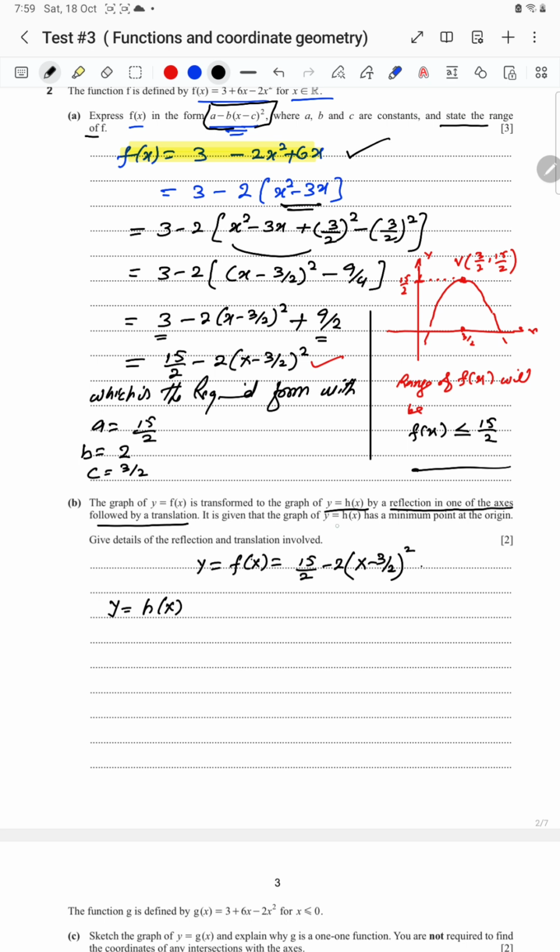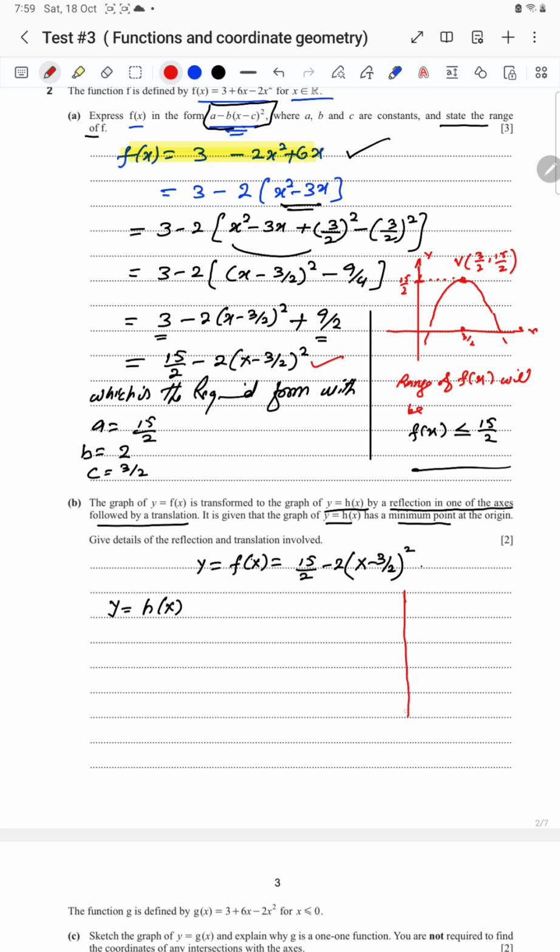It is given that y equal to h of x has a minimum point at the origin. So minimum point at the origin, we must get the minimum point. So here the minimum point, we can see in the figure. If you can see the figure, maximum point, roughly sketch again. I can do this. Okay, let me change the color.